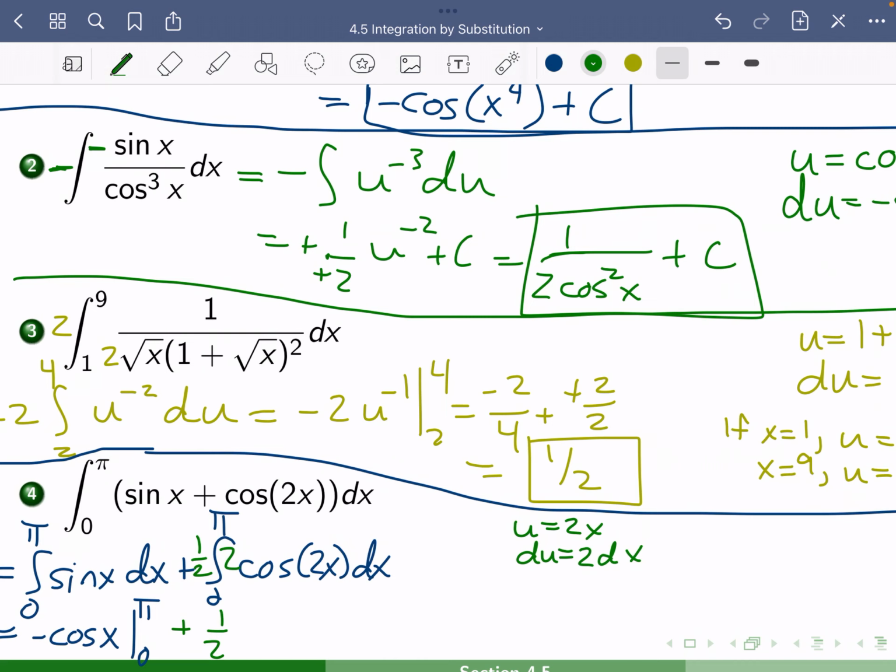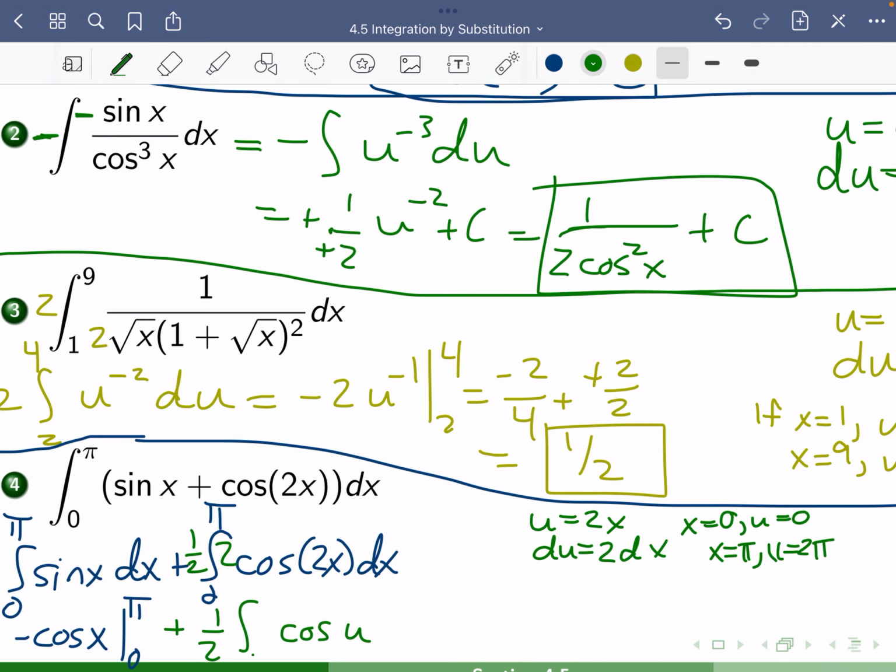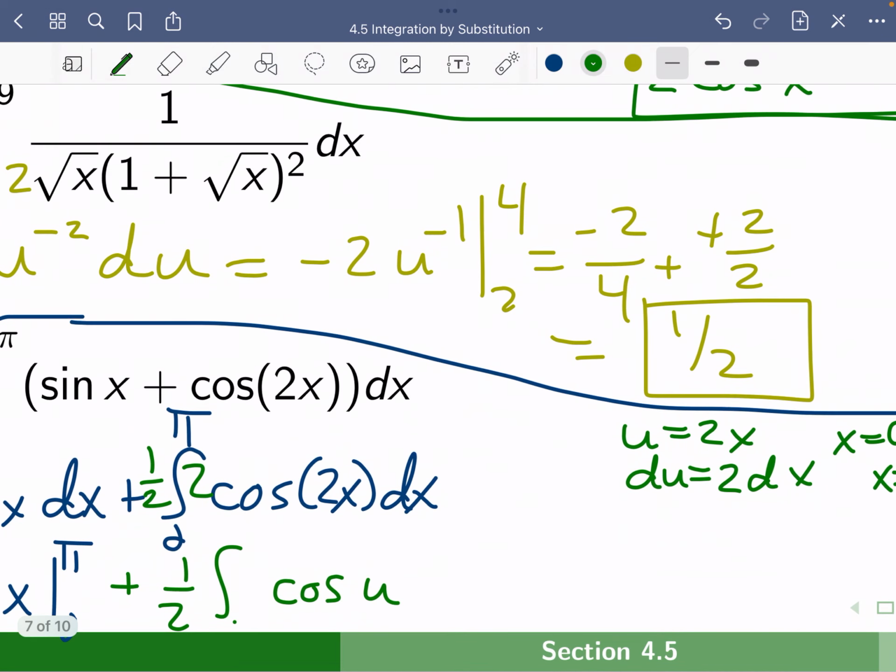So we have plus a 1/2, the integral of cosine of u. And here, if x is equal to 0, u is 0. If x is pi, u is 2 pi. So this will become an integral from 0 to 2 pi.